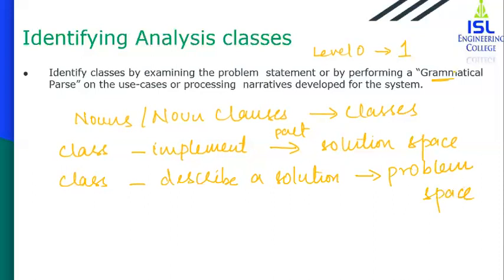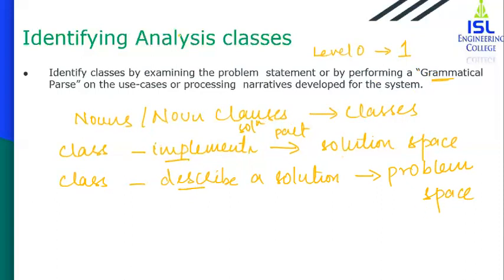So you identify the classes by performing the grammatical parse on the narrative. Nouns and noun clauses become your classes. If a class is used to implement a solution, it is part of the solution space. If a class is used to describe a solution, it becomes part of the problem space.